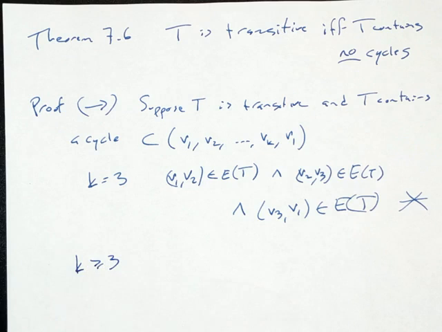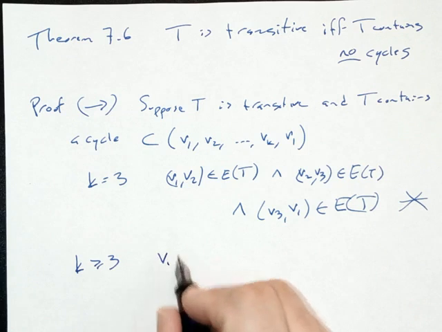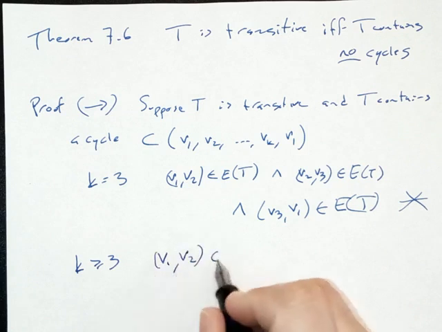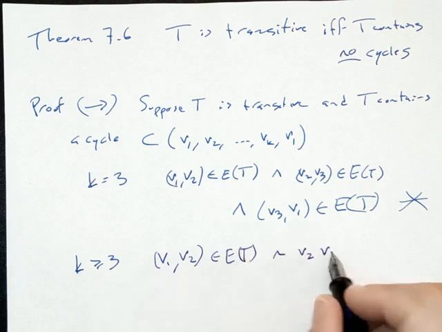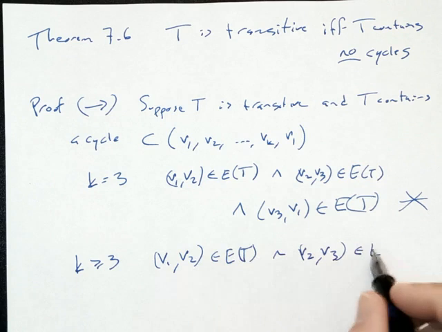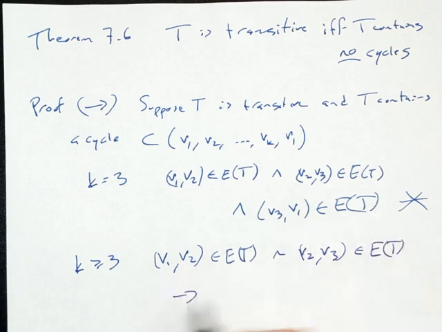Proceed inductively. If V1, V2 is in the edges of T, and V2, V3 is in the edges of T, that means that V1, V3 must be in the edges of T for my graph to be transitive.